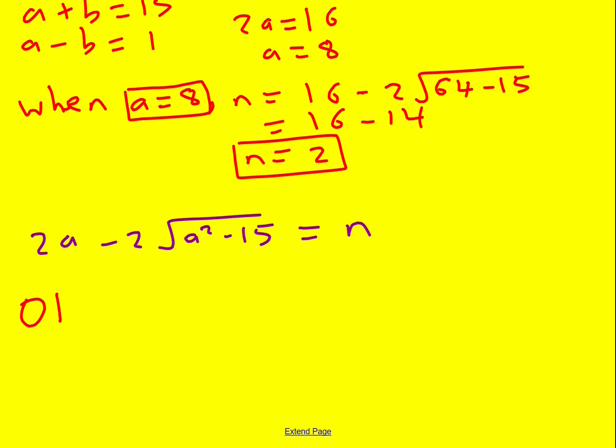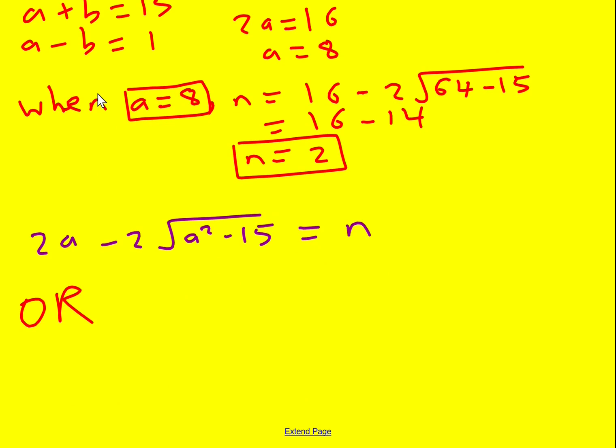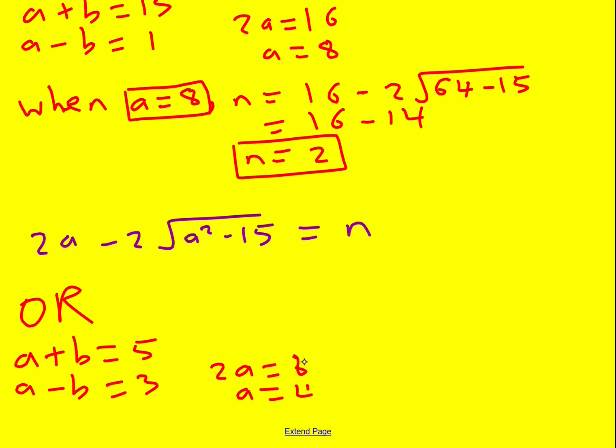Or we've got to look at the other one. a plus b is going to equal 5. a minus b is 3. So 2a is 8. a is equal to 4.